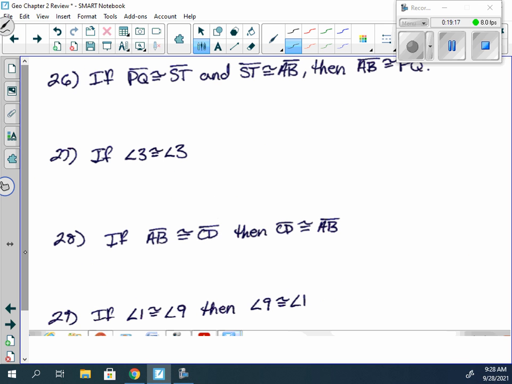I believe for 26 through 29, we want to state the property being used. If line segment PQ is congruent to line segment ST, and line segment ST is congruent to line segment AB, then line segment AB is congruent to line segment PQ.